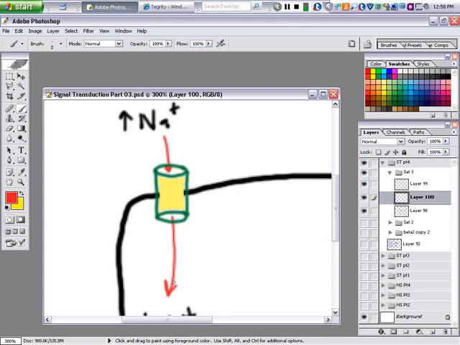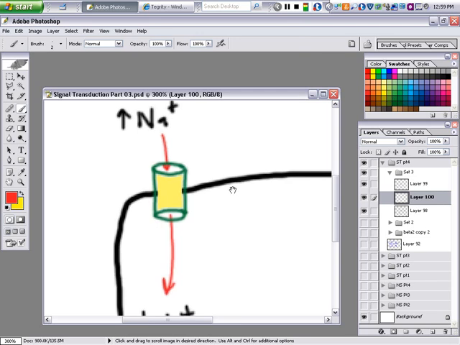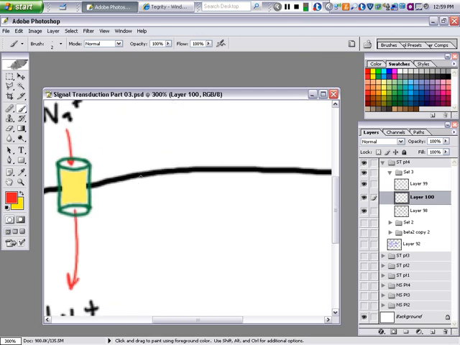And now the cell is going to be depolarized. That's the electrical signal I was talking about. Not really a nerve, but an electrical signal. That's step one.